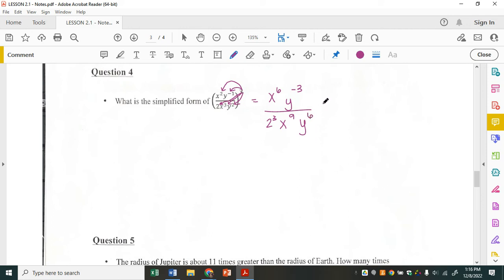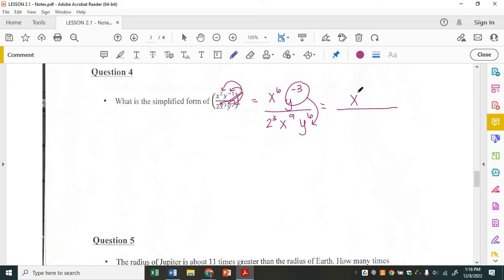Okay? Can you put them together now? So now we can try putting them together. Wait, Miss A, didn't you take y to the -3 and put it to the 6, and then just take out the y? Yeah. So the first thing we see is this has a negative exponent, so I need to bring it to the bottom.